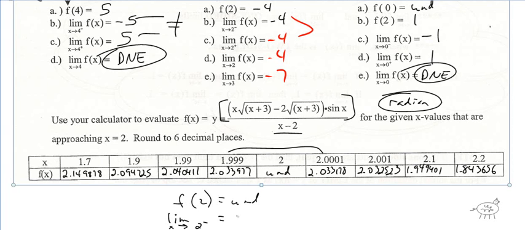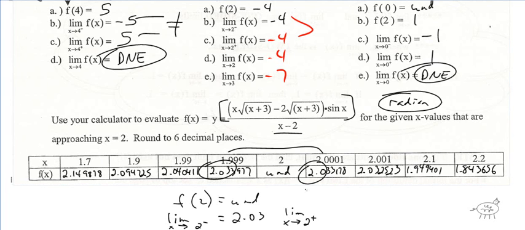Well, I know I asked you to round to 6 places, but let's just do 2 places. Would you guys agree it's 2.03, and the limit as x approaches 2 from the positive side, so that was this guy right here, from the positive side it's 2.03.